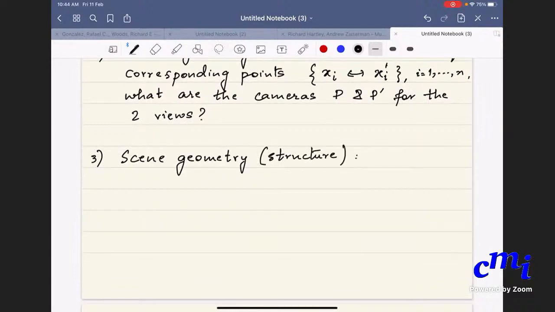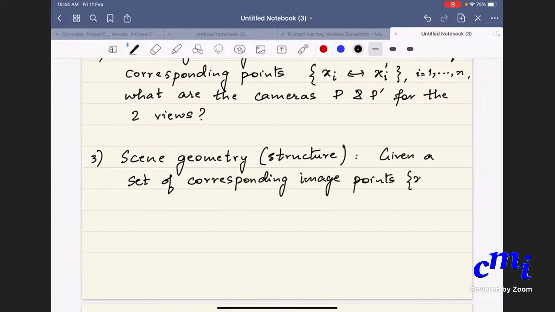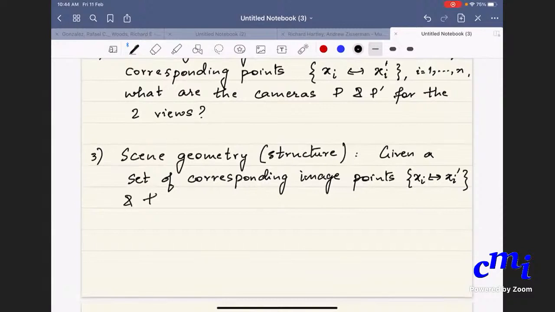So this question is, you're given a set of corresponding image points, like before, like question 2, image points xi to xi prime. Then, in this case, you also know the cameras P and P prime.